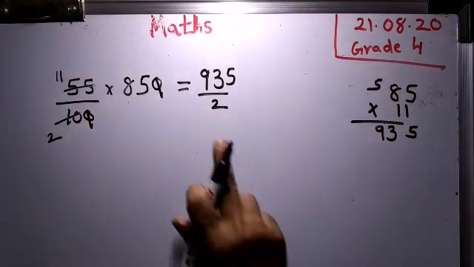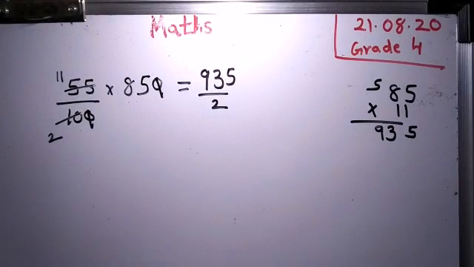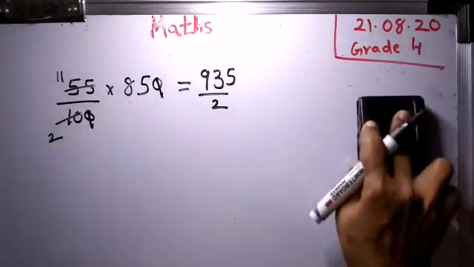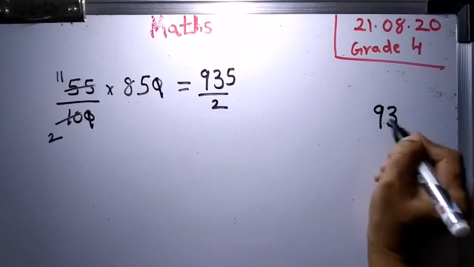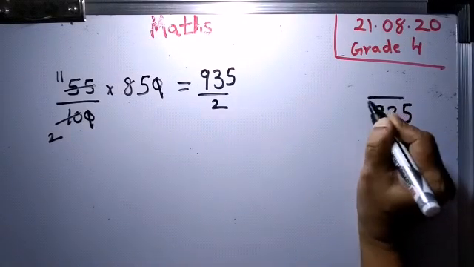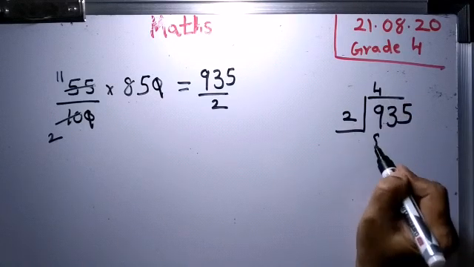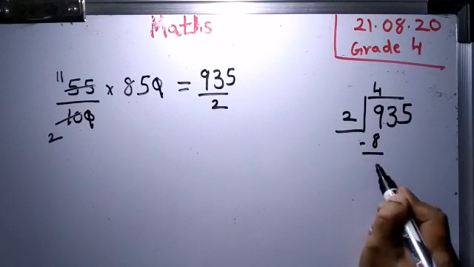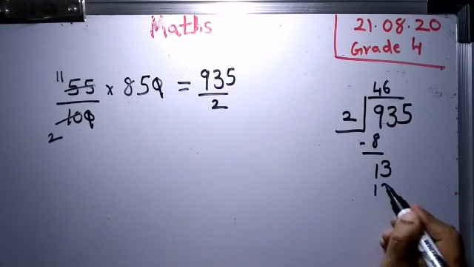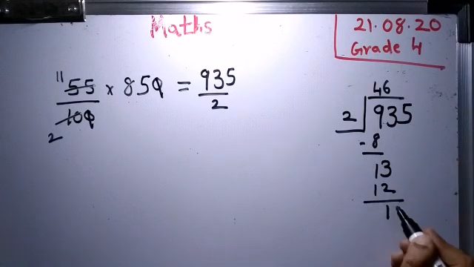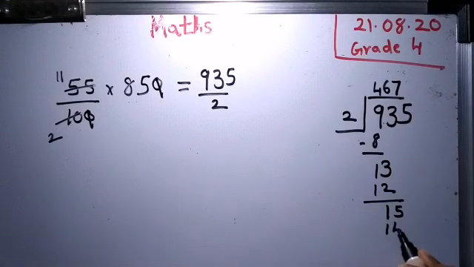Right? So now let's divide this. 935 upon 2. 935 divided by 2. 2 4s are 8. 1 and 3. Now 2 6s are 12. So again 1 and now you bring down 5. 2 7s are 14, right?